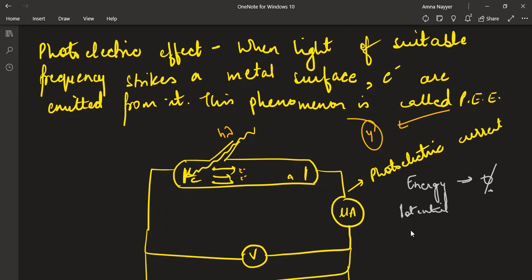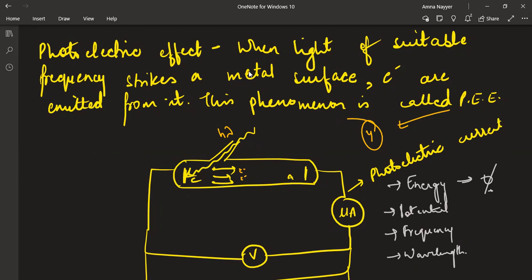See, energy, potential, frequency, and wavelength. Class, these four things are required. One minimum value of energy, one minimum value of potential, one minimum value of frequency, one minimum value of wavelength.